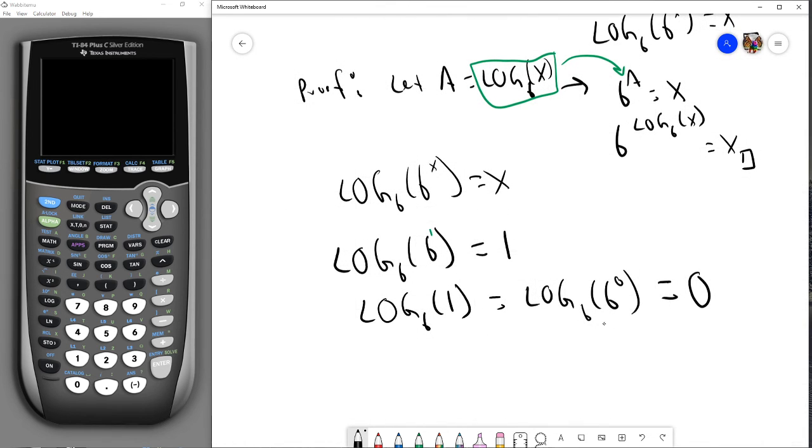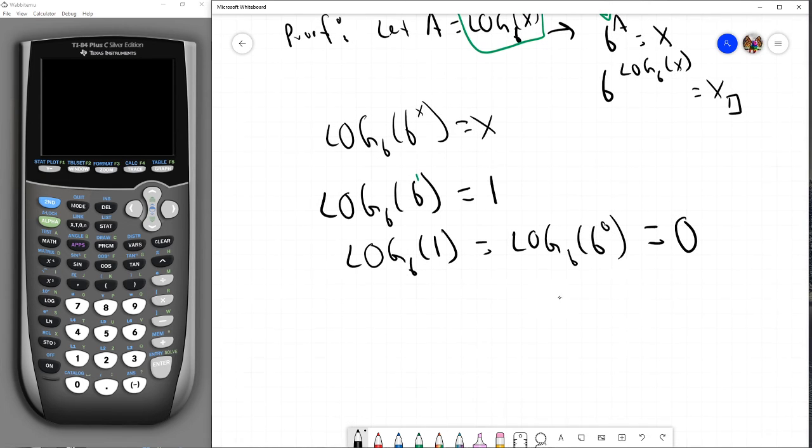I know some textbooks will count these two as also properties. I find this one useful because whenever you see a 1 inside a logarithm, that will be 0.